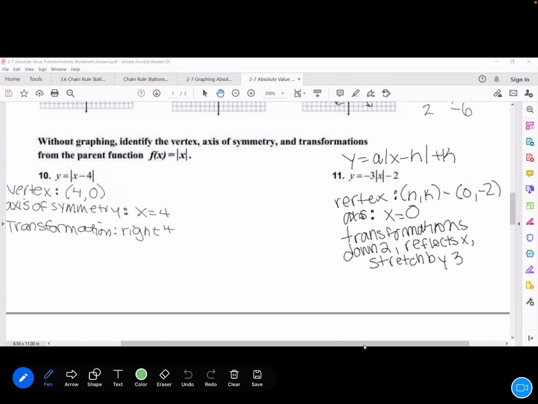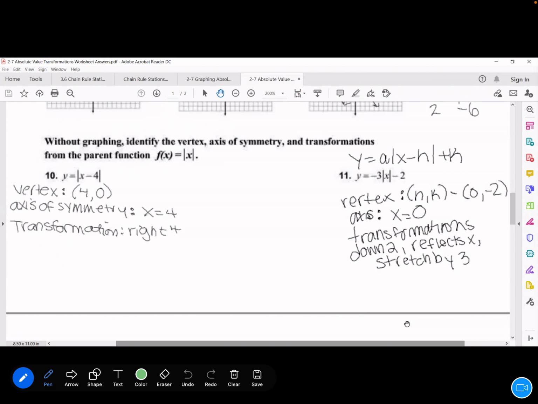Okay, in 10 and 11, I ask you to describe their transformations, identify the vertex, axis of symmetry, etc. That's going to be very similar to tomorrow's quiz.